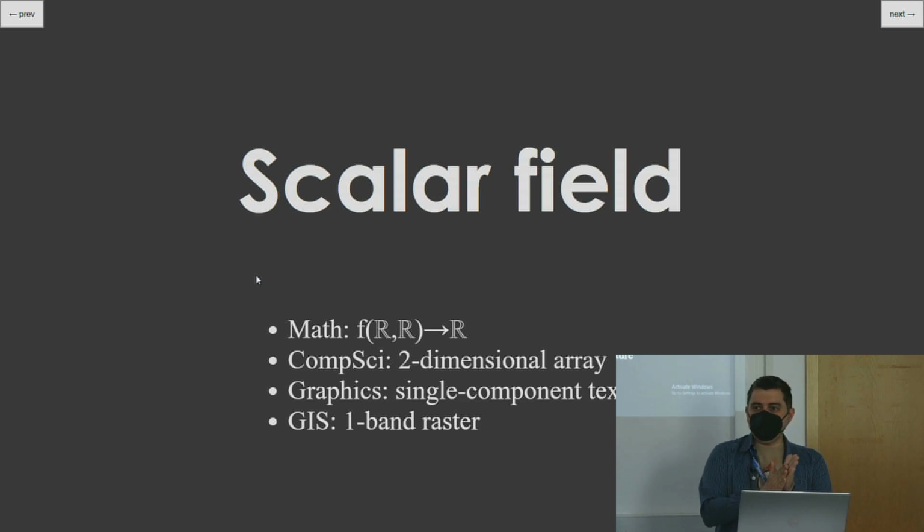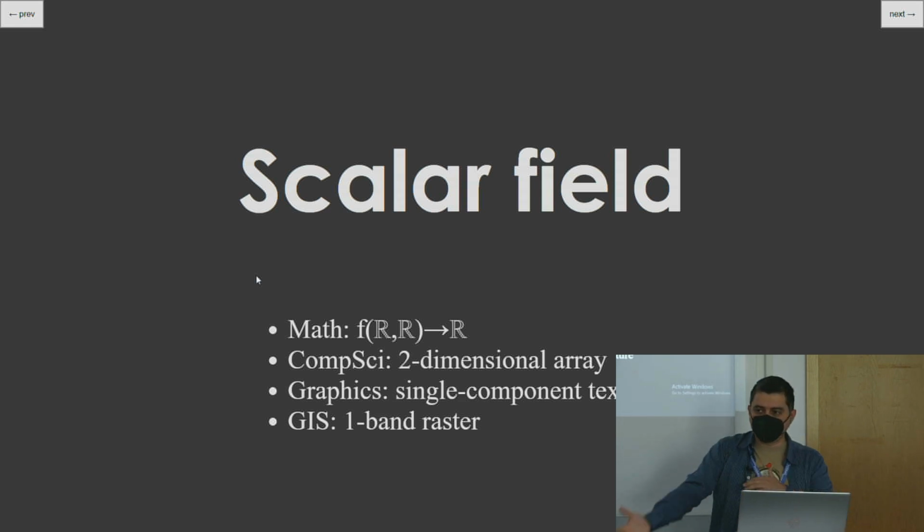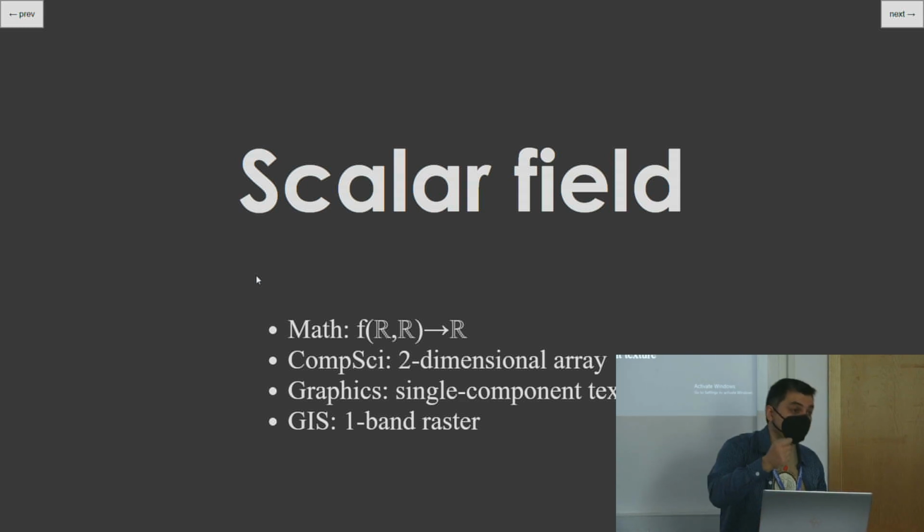If I ask you what a scalar field is, your answer depends on what your branch of academia is. For mathematicians, it is a function from your realm into a real number. For us JS people, it's going to be a one-band raster. Okay? And since we are computer people, we're going to store that one-band raster in memory, either in a texture in the GPU with a single component, not a band, a component.